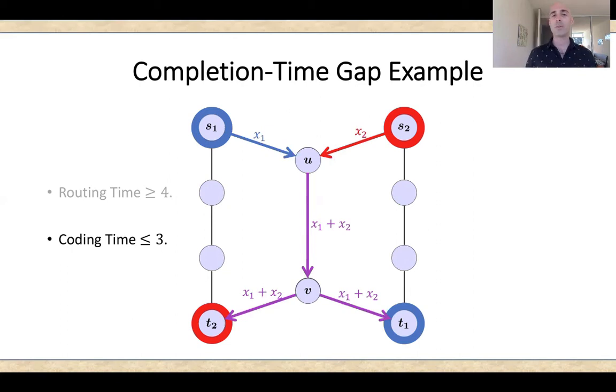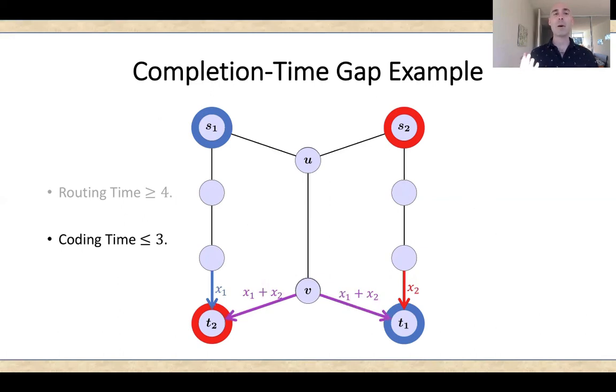And in the 3rd round, we send this combination to both of the sinks. So what this looks like in 3 rounds is as follows: 1, 2, and 3. And so in 3 rounds, both sinks receive the sum of the messages and the opposite colored message. Subtracting one from the other, they get the answer. So on this instance, network coding is strictly faster than routing.